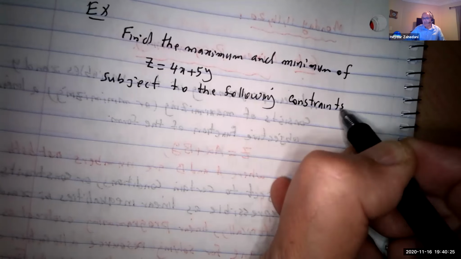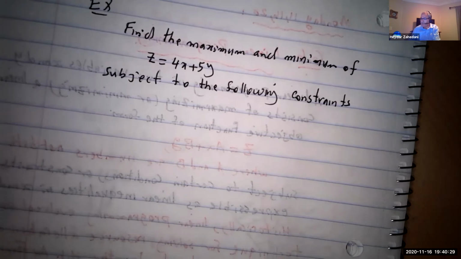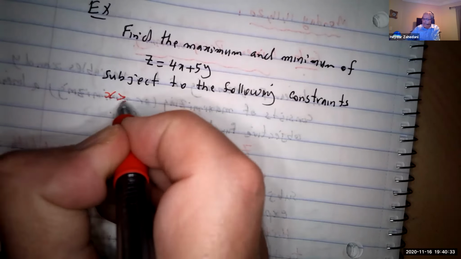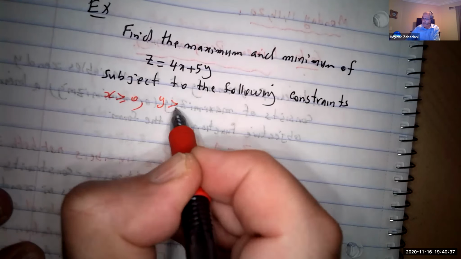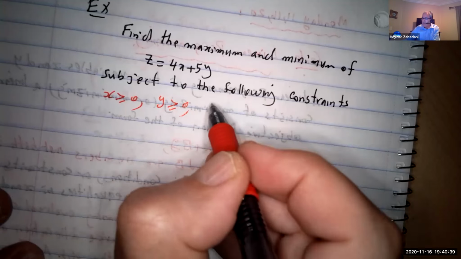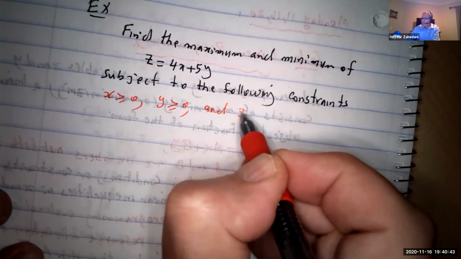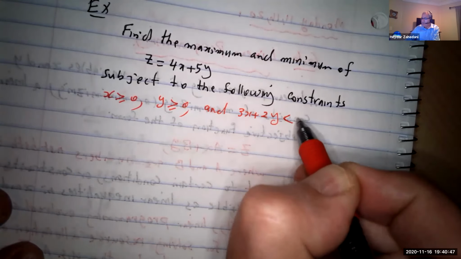Okay, that's it. So the constraints are x greater than or equal to 0, y greater than or equal to 0, and 3x plus 2y less than or equal to 6.